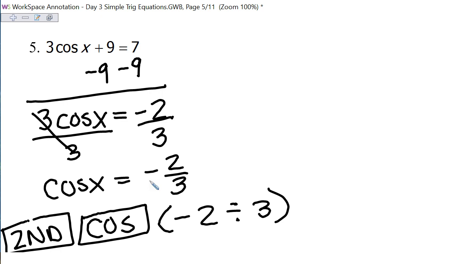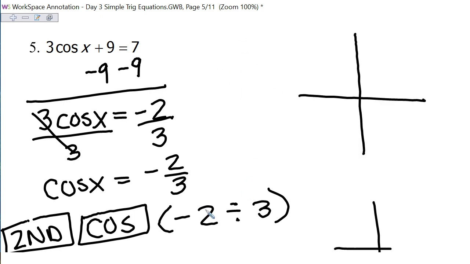Well, cosine is negative in which quadrant? 2 and 3. So I have to figure out, is that the angle in quadrant 2 or in quadrant 3? I'm going to draw myself a diagram, because that will help me figure this out. I know cosine is negative in quadrant 2, so here's my initial side, here's the terminal side, and cosine is also negative in quadrant 3.